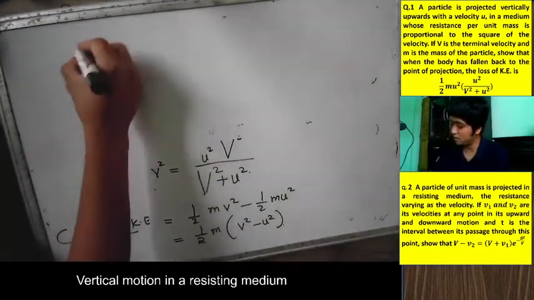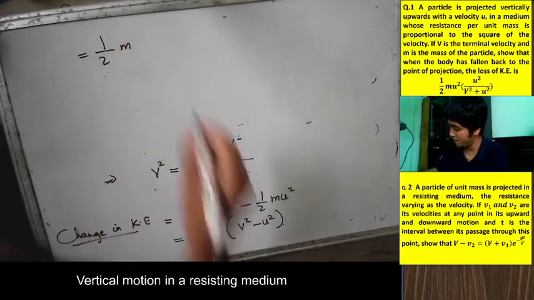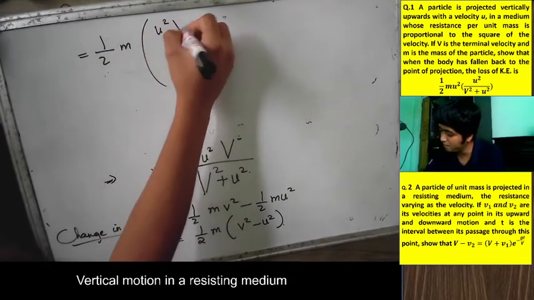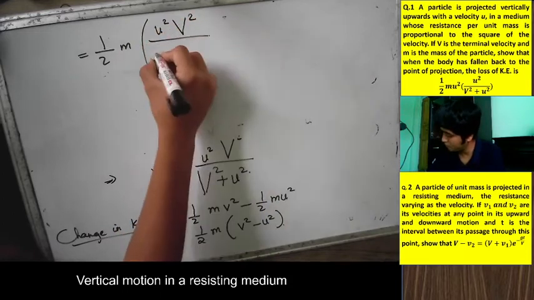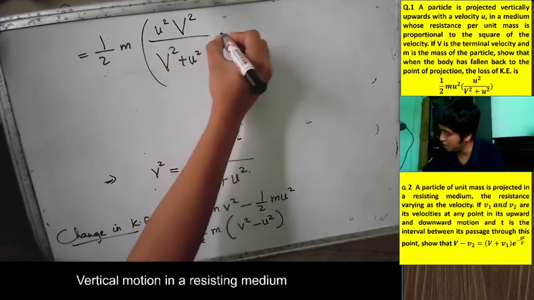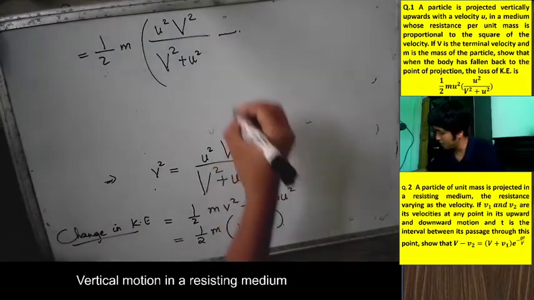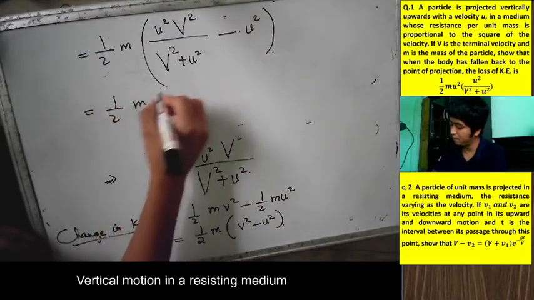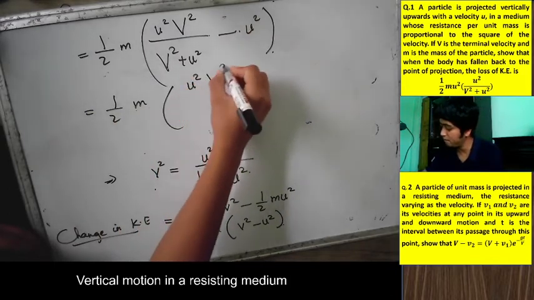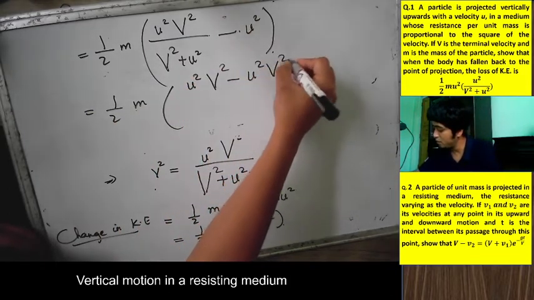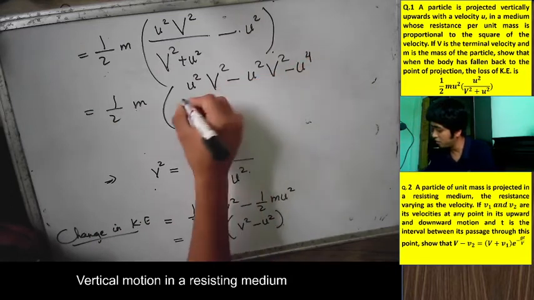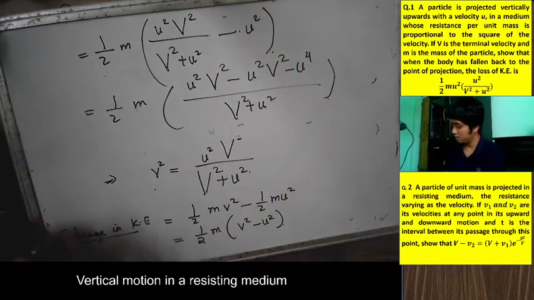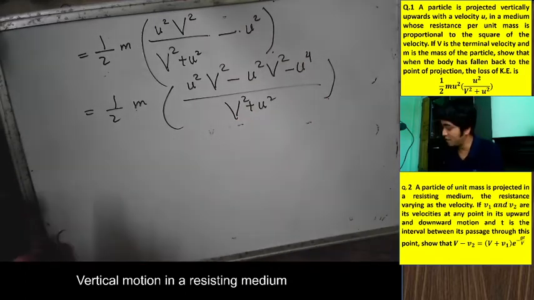So it is equal to half m v square. We can substitute this expression over here: V square plus u square minus u square, half m. We are actually done. Minus u power 4 over v square plus u square. As you can see, we are getting a minus sign.